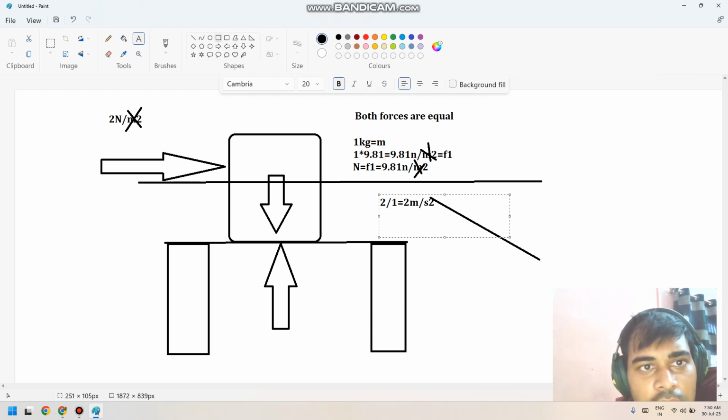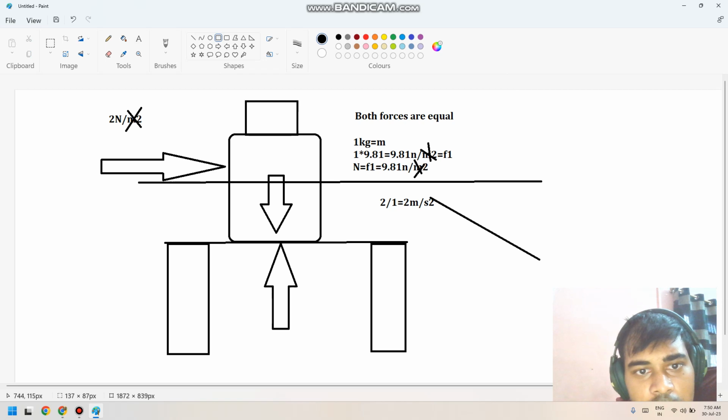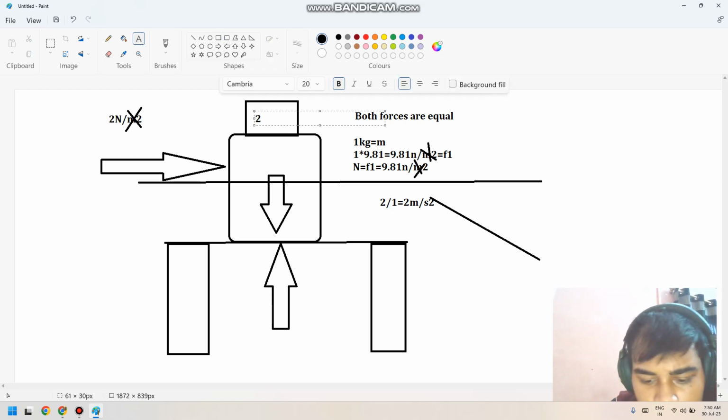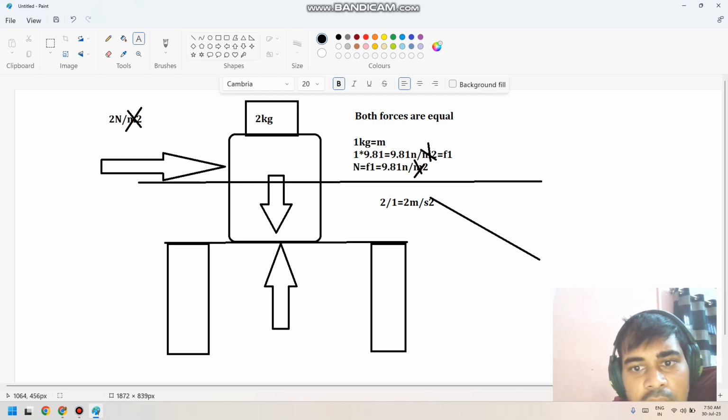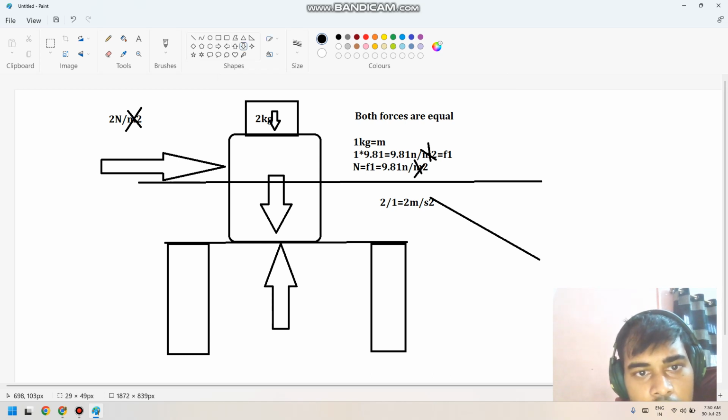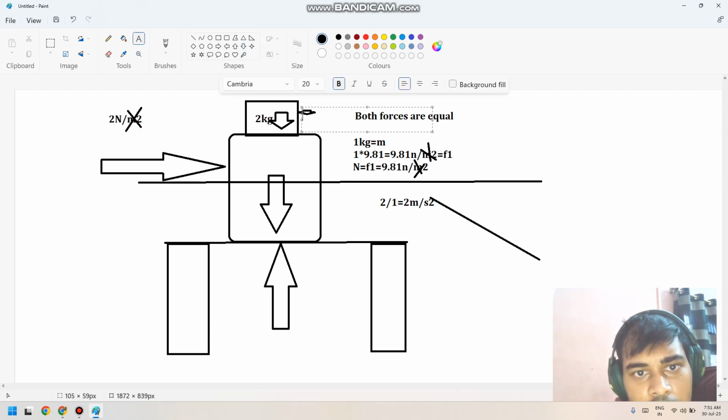Now suppose there is another block that is placed on it and the mass of it is 2 kg. What will happen? A force of gravity will work on this also, and that will be equal to 2 multiplied by 9.81 Newton in this direction.